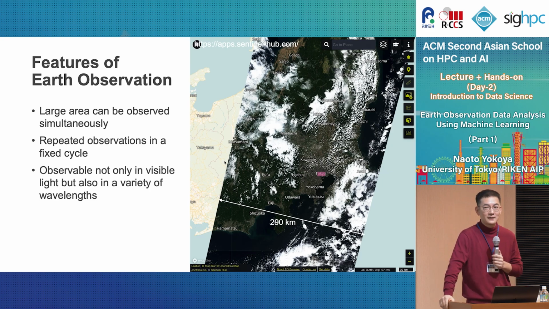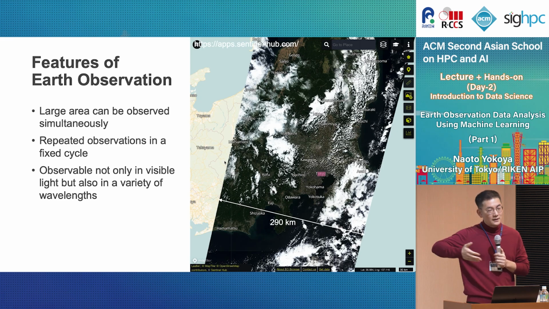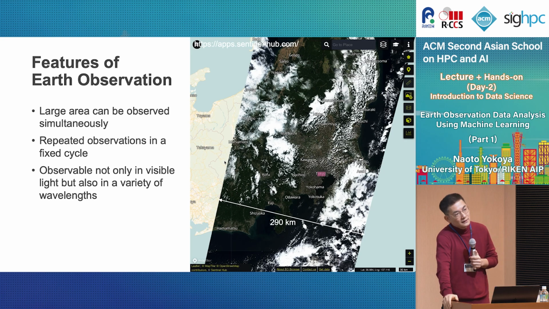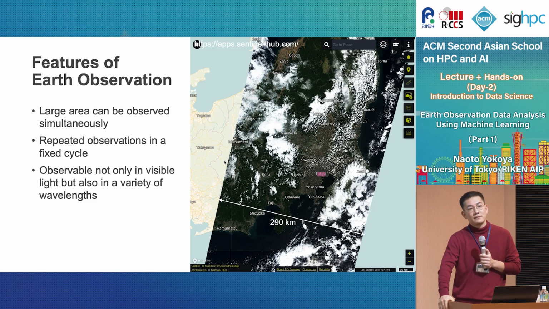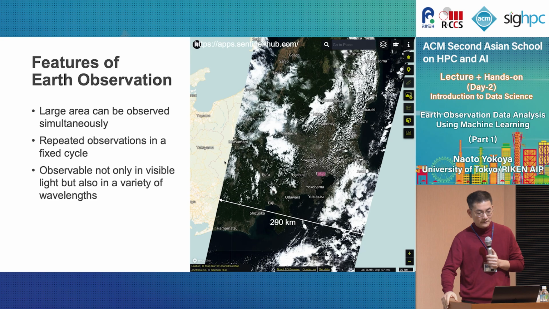In terms of pixels, it's around 30,000 pixels. So the images are very huge. And we can observe this kind of data repeatedly, like every 5 days, or for some small satellite projects, commercial ones, almost every day or every 5 hours. So temporal resolution is also increasing, which is quite important if we want to understand the dynamics of what's happening on the surface.